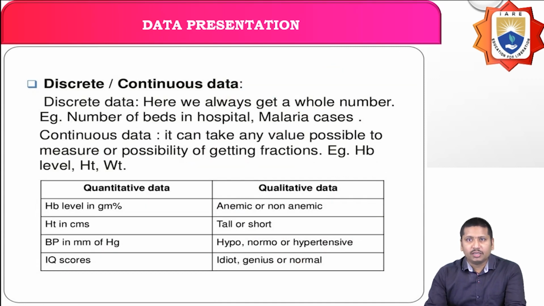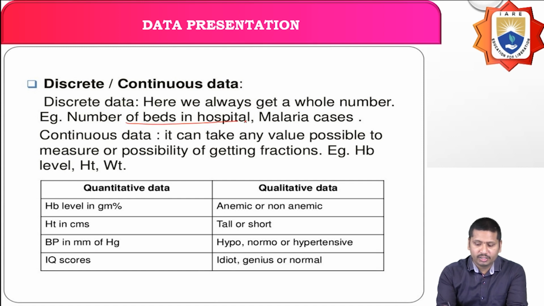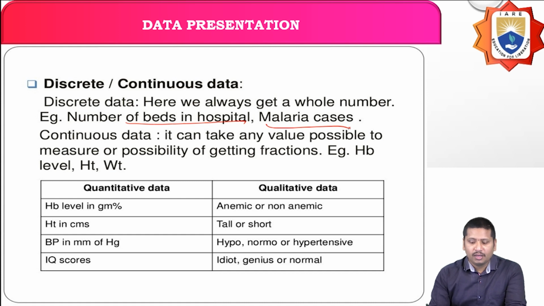The next one is discrete and continuous data. Discrete means we always get a whole number. Examples are the number of beds in a hospital and the number of malaria cases.